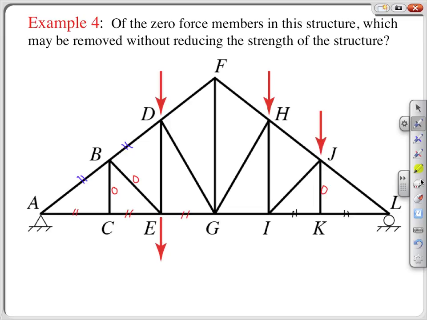Imposing equilibrium on the whole structure will eventually give us the vertical support reactions at A and L. Examination of joint A indicates member AB must push into the joint in order to counter the vertical force provided by the reaction at A. Member AC must then pull on the joint to counter the horizontal component of member AB.